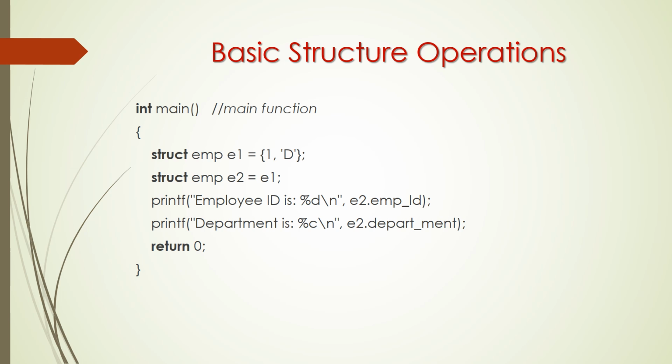Next, we have two printf statements that print the value of E2, employee ID as 1 and department as D. So the output of the program is E2's employee ID and department.